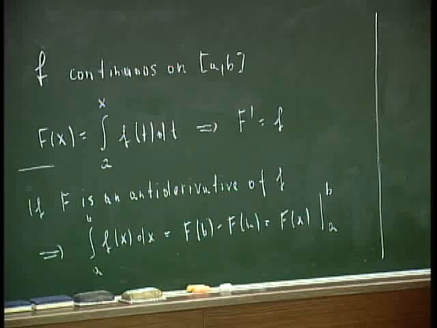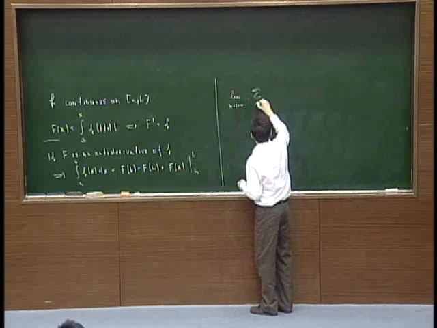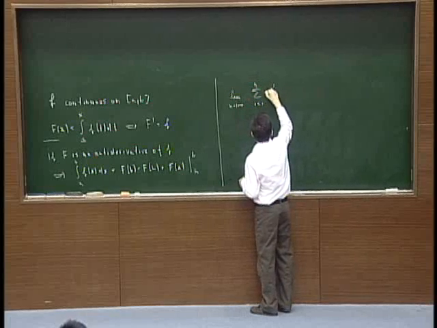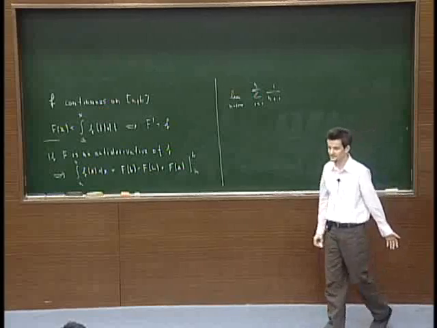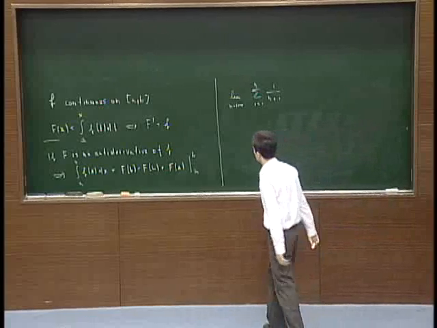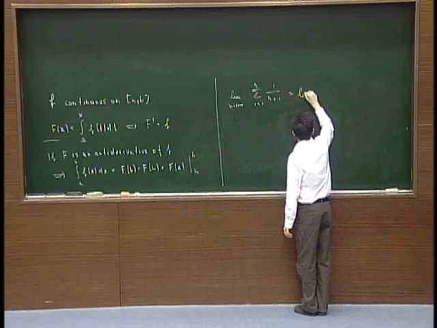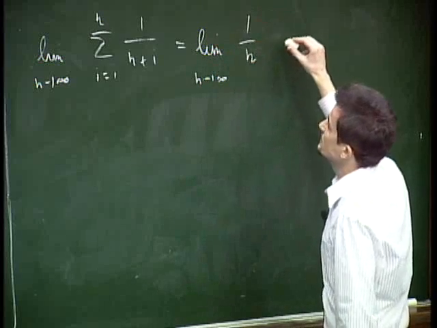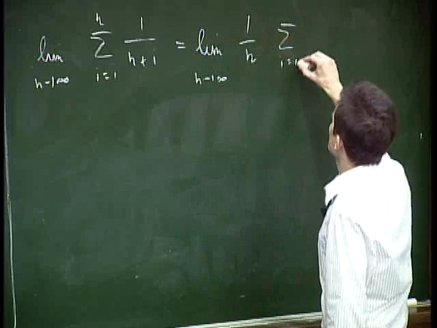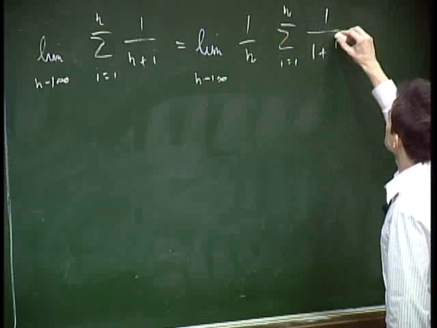So for instance, I showed you last time an easy example: if someone gives you this limit here, 1 over n plus i, and asks you to compute it. Now, the way we can take is, you recognize that this is the limit, n tends to infinity, 1 over n, sum from i from 1 to n, 1 over 1 plus i over n.